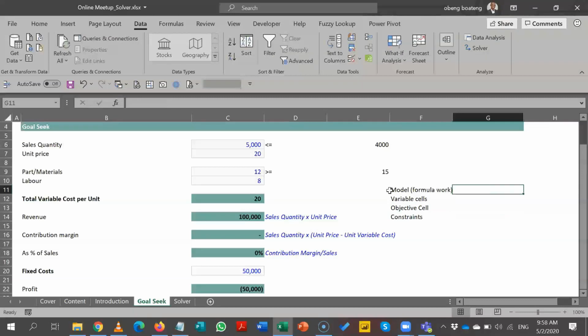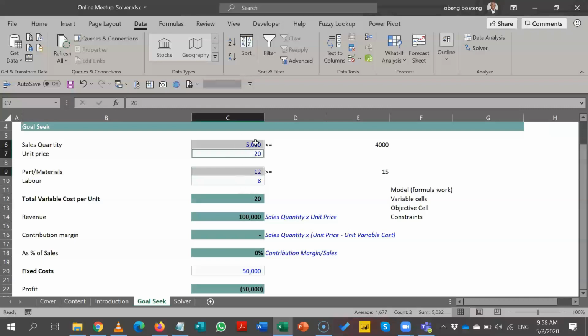So first, this is checked. I have my formula work. Every cell is connected. My variable cells in this case are going to be 5,000, materials 12, and the unit price 20.